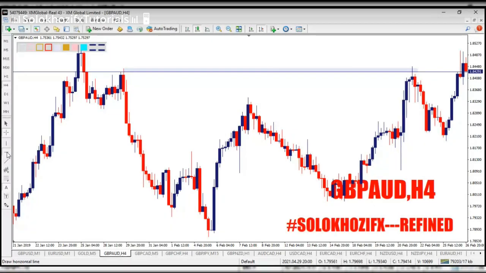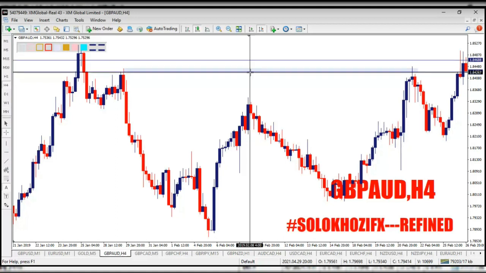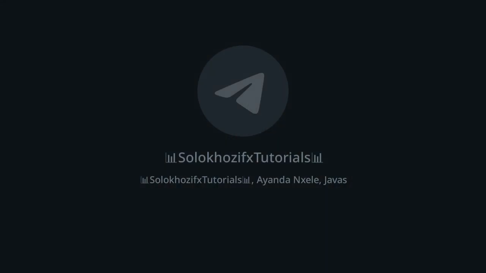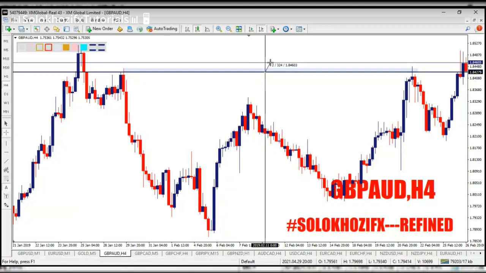Thirty pips stop loss. Let's see how it went. A little bit lower. Yes, that's our 30 pips.